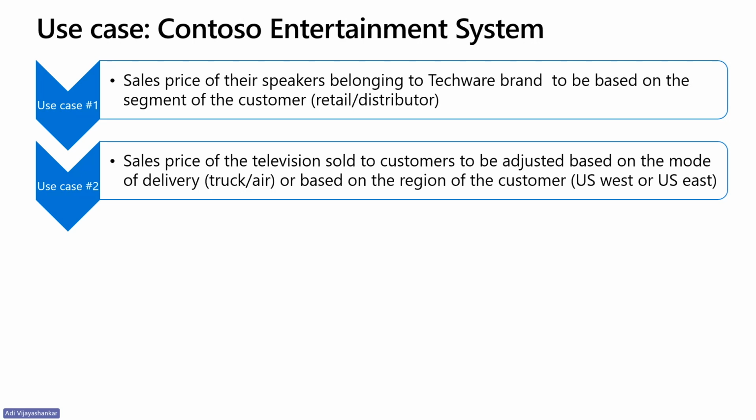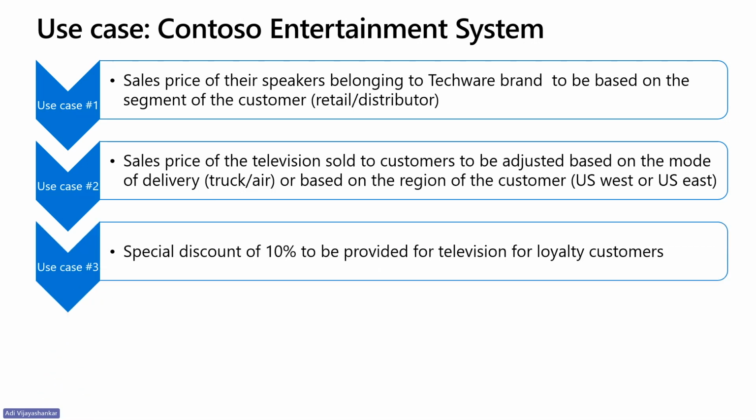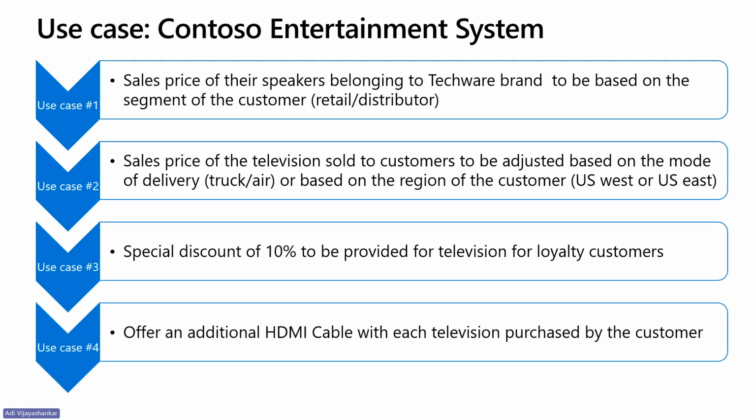An example can be US West Coast or East Coast. In their third use case, Contoso wants a special discount of 10% to be provided on television for loyalty customers. And finally, in their last use case, they would like to offer an additional HDMI cable with each television purchased by the customer.